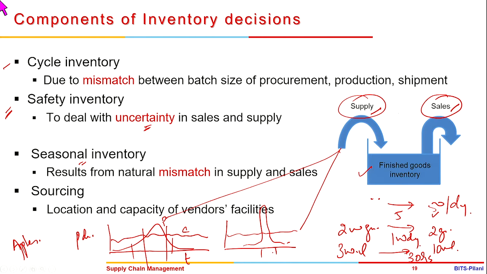A large number of air conditioners are sold or crackers are sold. So this is what is called seasonal inventory. This seasonal inventory occurs mainly because there is seasonality inherent and you cannot do much about this easily. But seasonal inventory is in fact a cycle inventory.